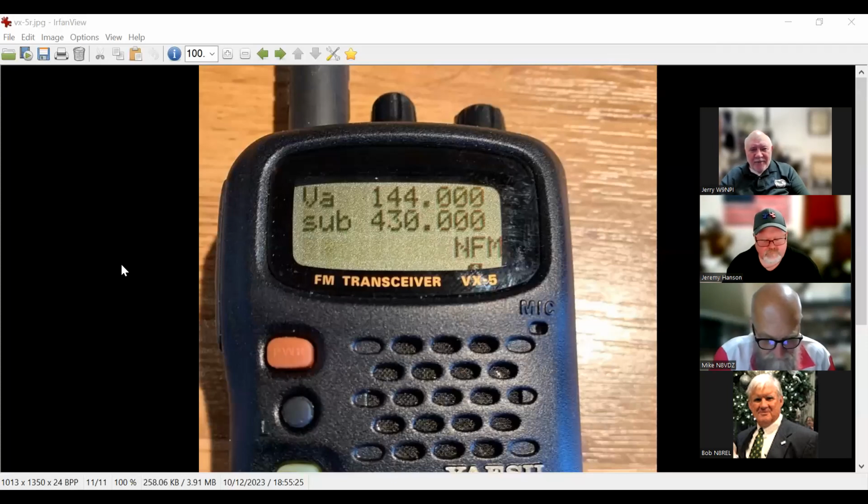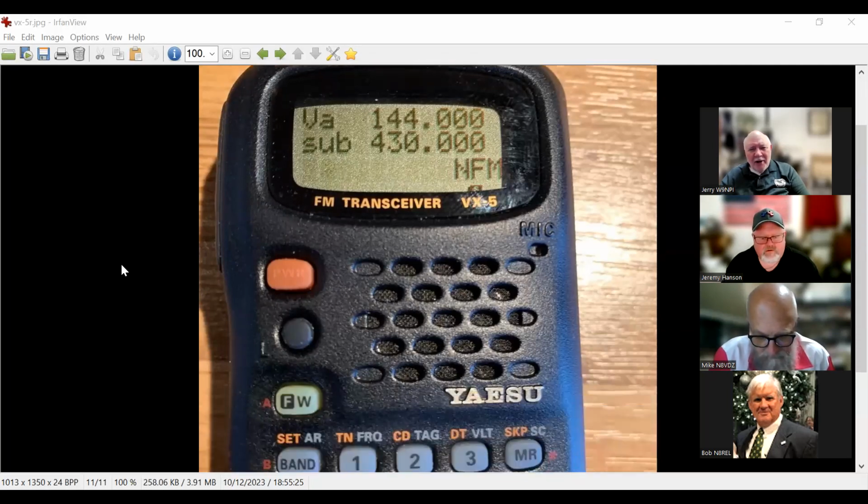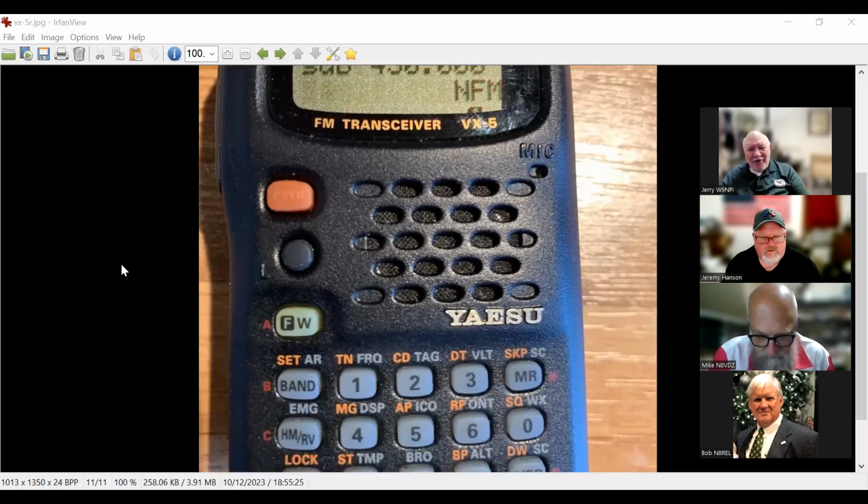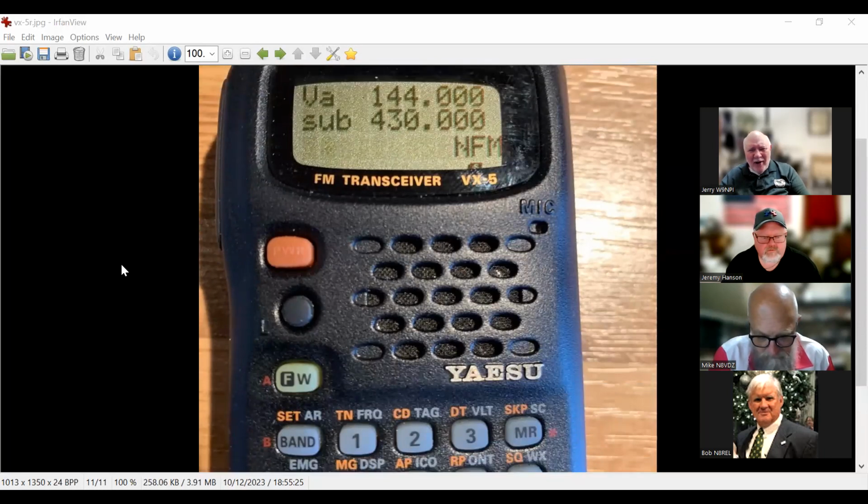Okay, everybody see this? Typical transceiver. I picked this one because I've got it. I've had it since 2004.